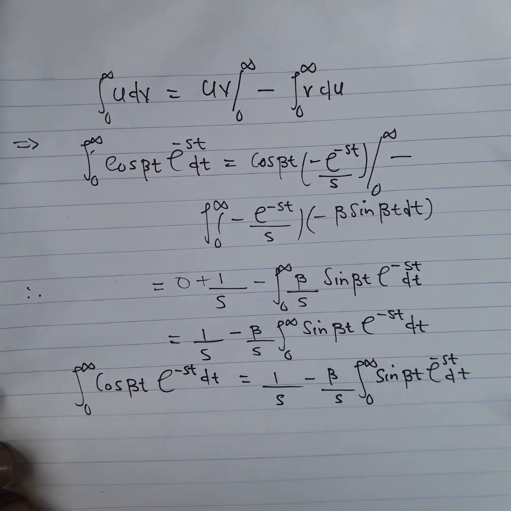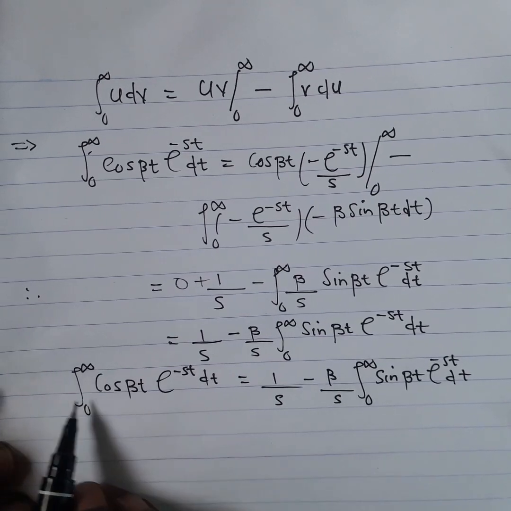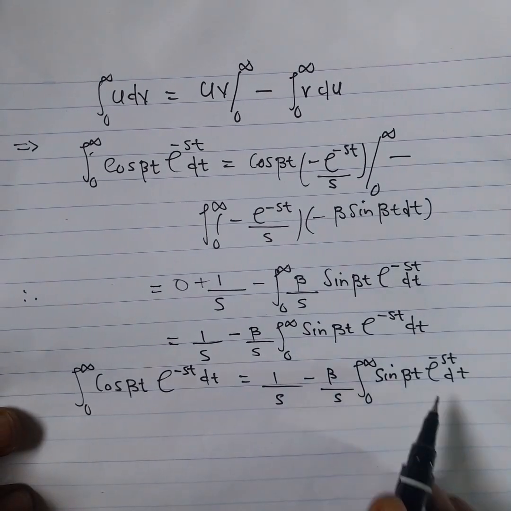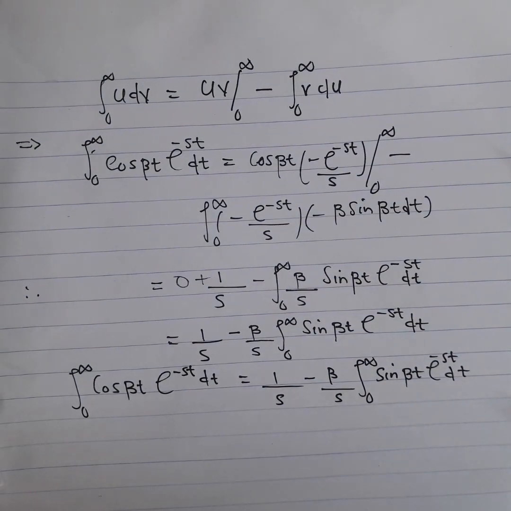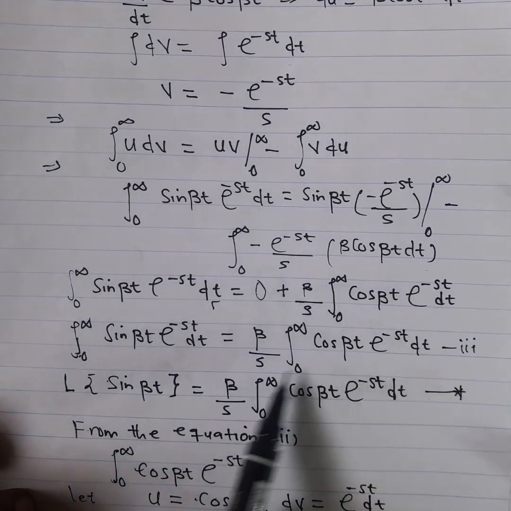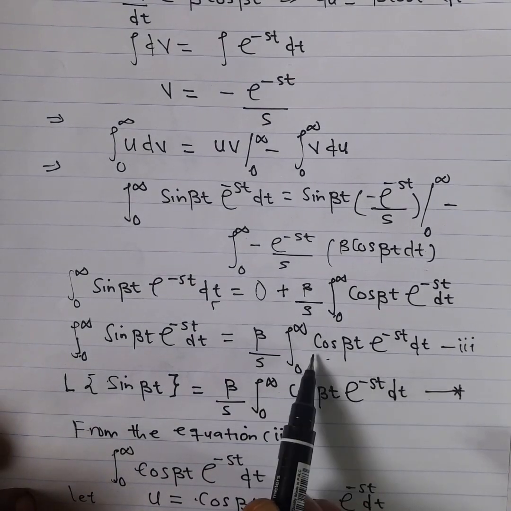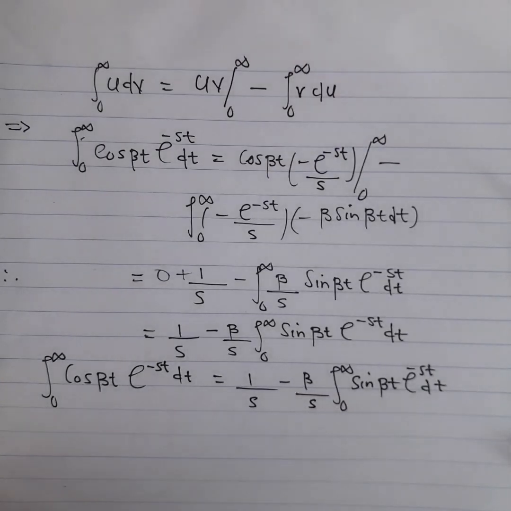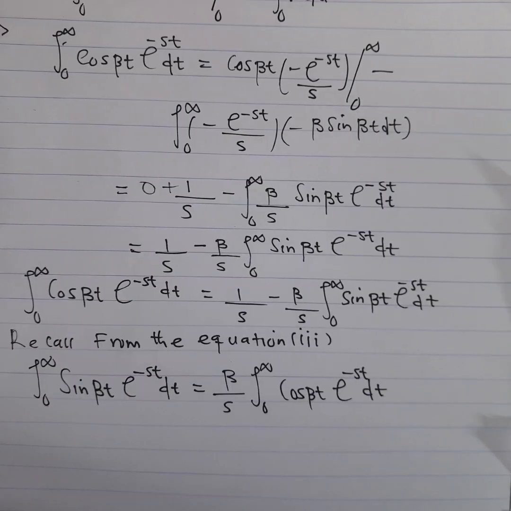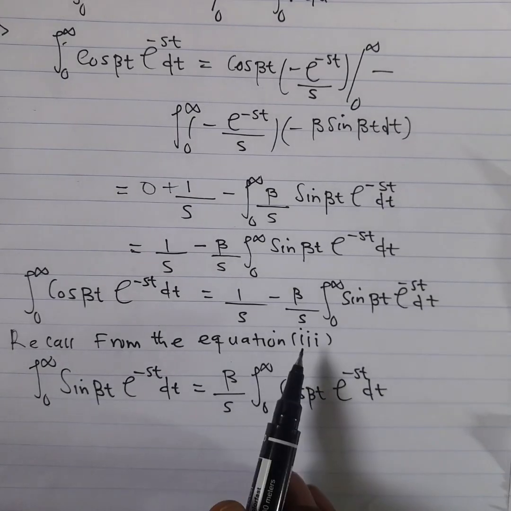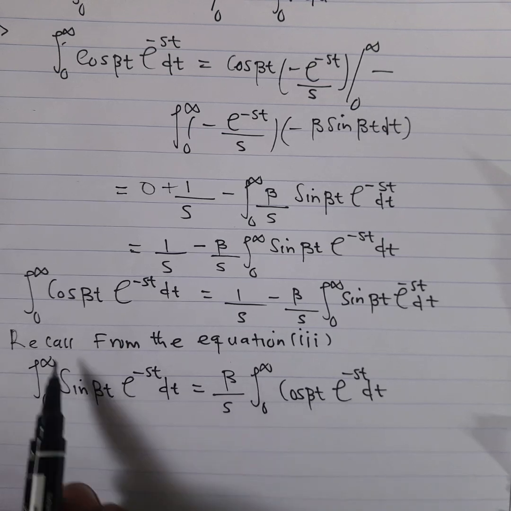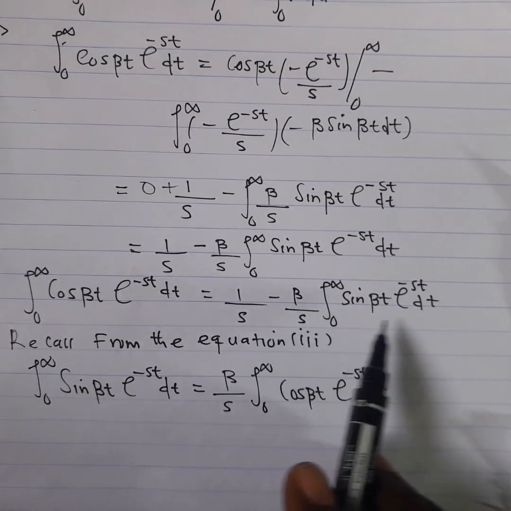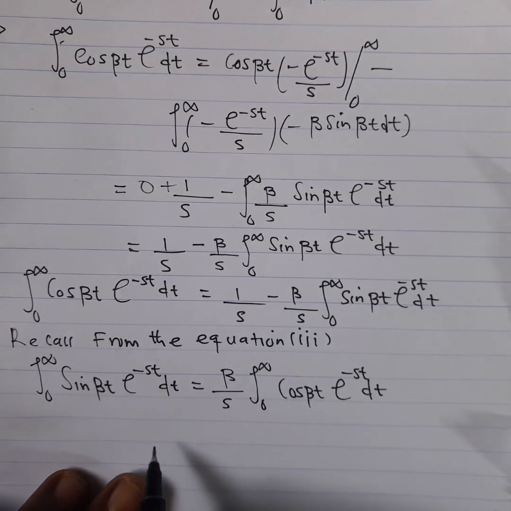So from here, we can substitute this integration in equation 3. Therefore, recall from equation 3, we have this, then we have this integration equal to this one. So we can substitute it here.